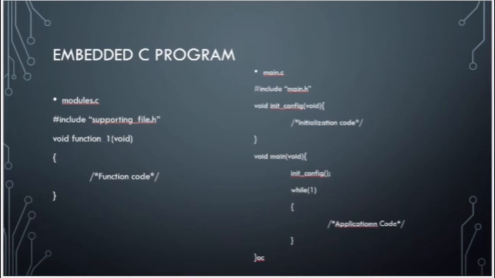Next comes the void function, and inside the parentheses we include the function code. Next is the main.c. Here we have #include main, void function, and we initialize the code. Basically here we are using functions from C programming. So the next one will be void main of void. Here we write the entire code and initialize it, and we get the output.